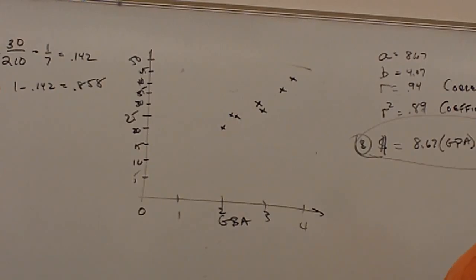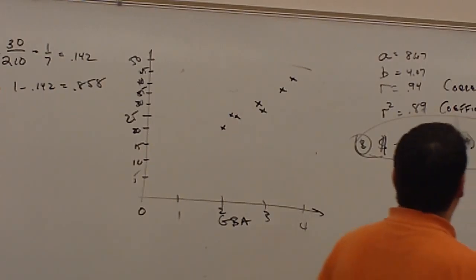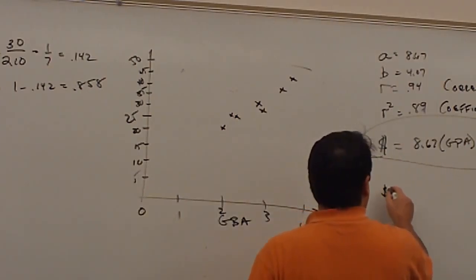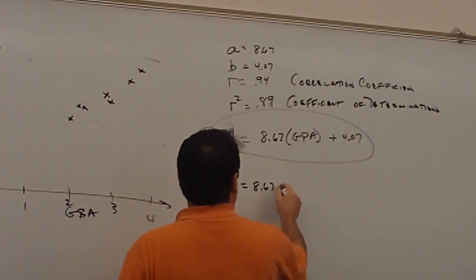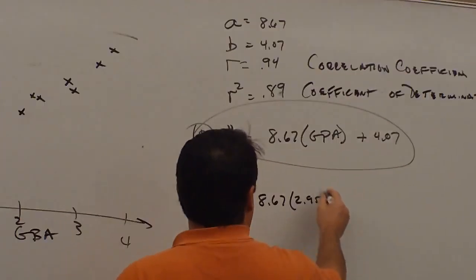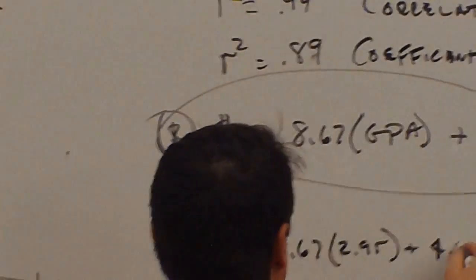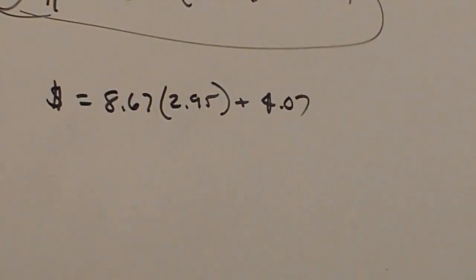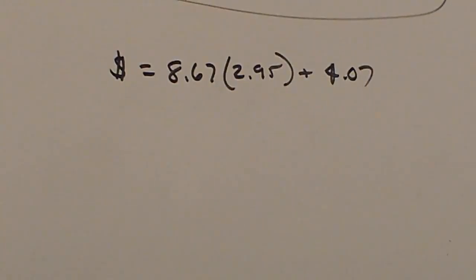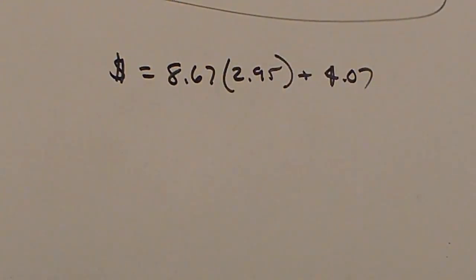Predict the salary if a recent graduate has a 2.95 GPA. So the salary would be 8.67 times 2.95 plus 4.07. So what is 2.95 times 8.67?